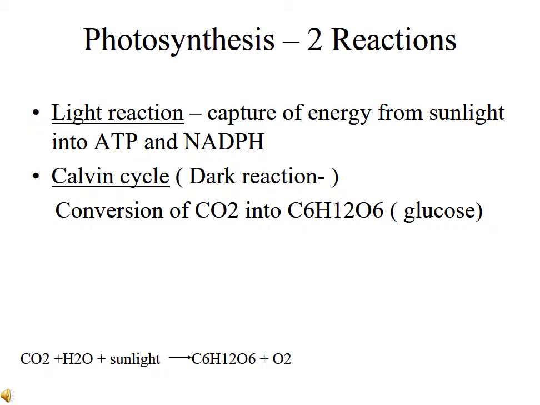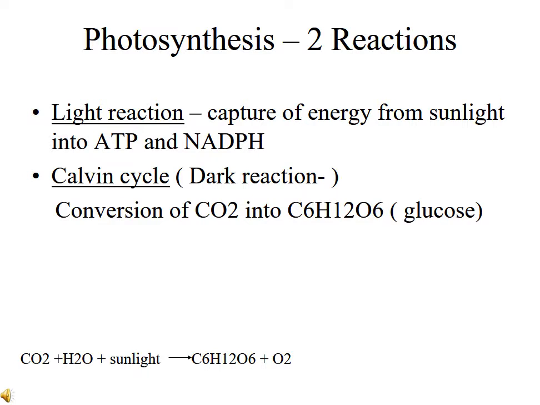So, in photosynthesis, we have basically two important chemical reactions. The first reaction is the capturing of light, called the light reaction. We capture the energy from sunlight and transfer that energy into ATP, and NADPH, which is an electron carrier.